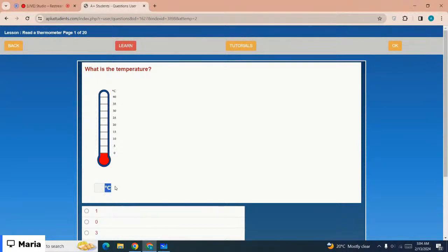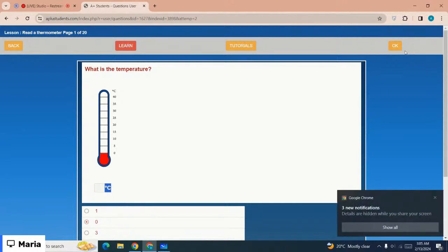You will learn about Fahrenheit and Celsius later. Now you need to read the temperature, so look for the line where the color is changing from red to white. The line points to zero, so that is 0 degrees Celsius. C stands for Celsius.